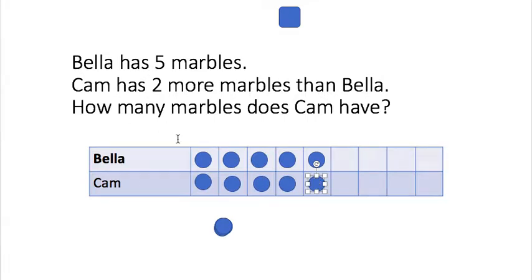Cam has 5, Bella has 5, but Cam has 2 more marbles than Bella. So how many more marbles do we have to add to Cam's row? 2. Yeah, 2 more. 1, 2.